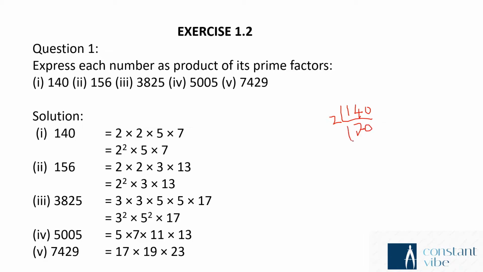Again divide by 2, it is 35. Then dividing by 5, we get 7. So 2 into 2 into 5 into 7, that is the factors. Similarly, the second, third and fourth questions, if you divide like this, you will get it.